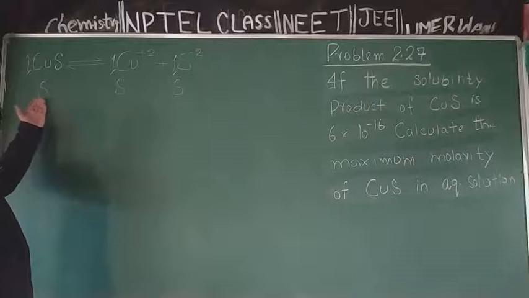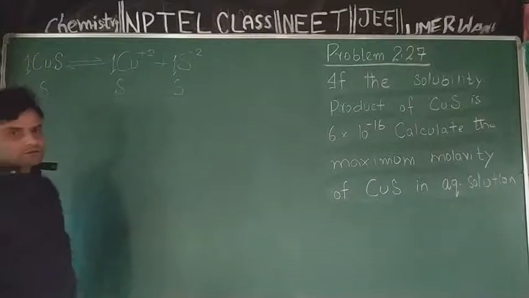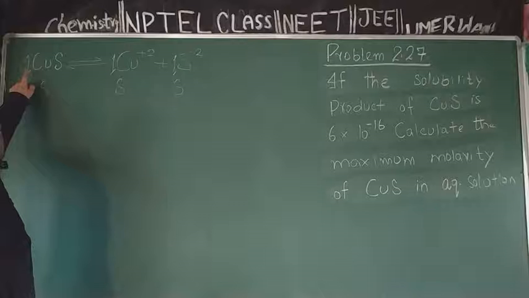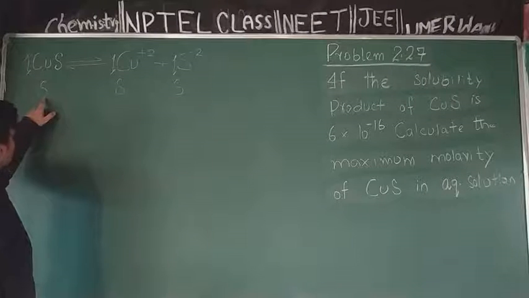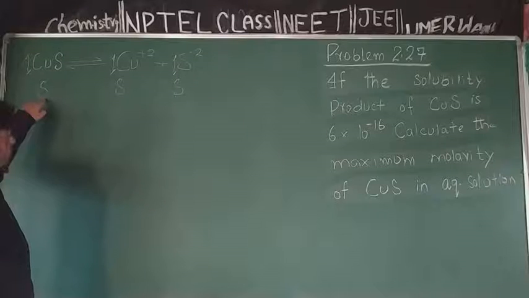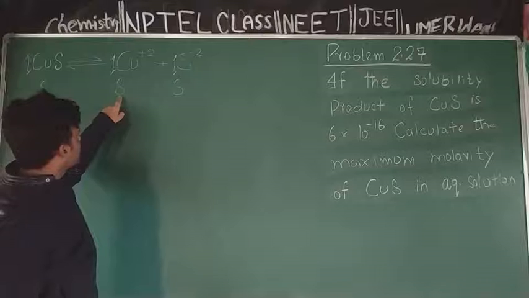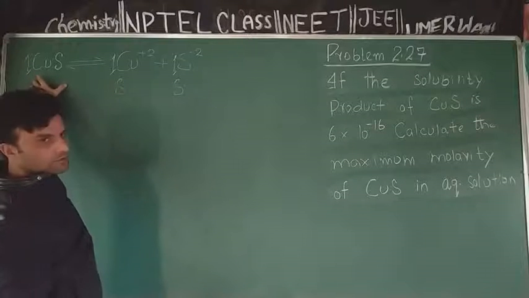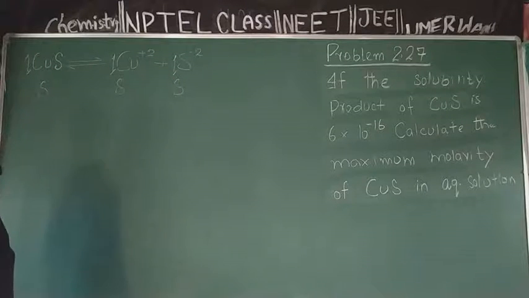It is equal to the maximum concentration of copper sulfide, which is equal to its solubility, S, because the solution represents a saturated solution. As stoichiometry was 1:1:1, so is the relation between their maximum concentrations. Maximum concentration of copper sulfide is S, which represents its solubility. Maximum concentration of copper ion in solution will be equal to the solubility of copper sulfide. Maximum concentration of sulfide ion will be equal to the solubility of this copper sulfide.